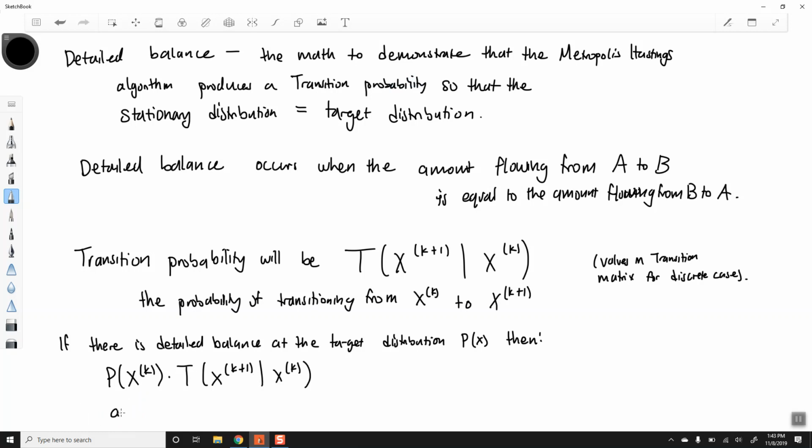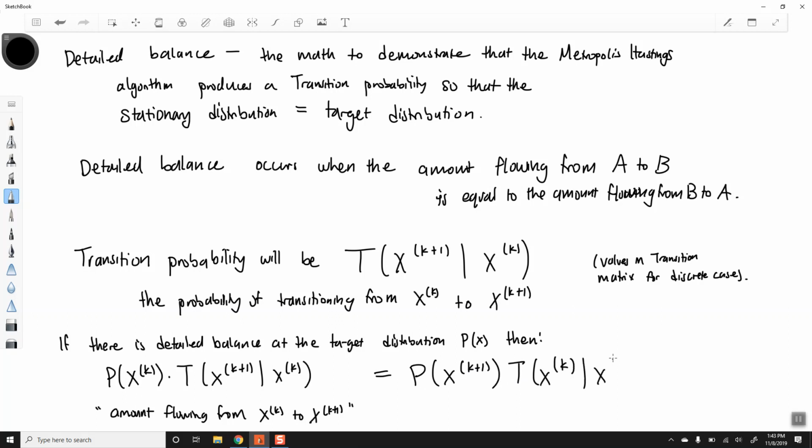So this is kind of the amount flowing from x super k to x super k plus 1, right? And if there's detailed balance, then this has to equal that, okay?